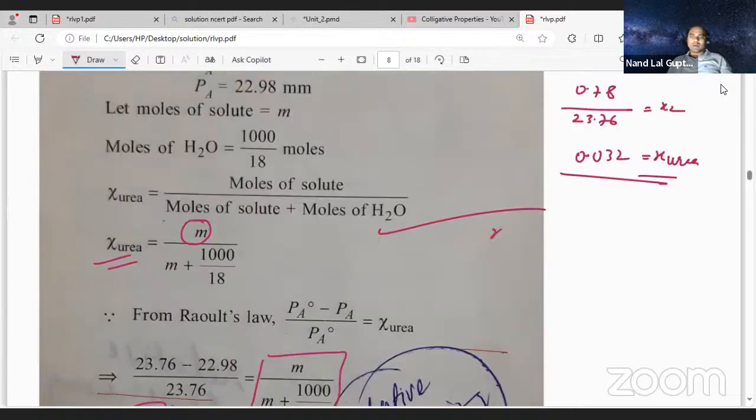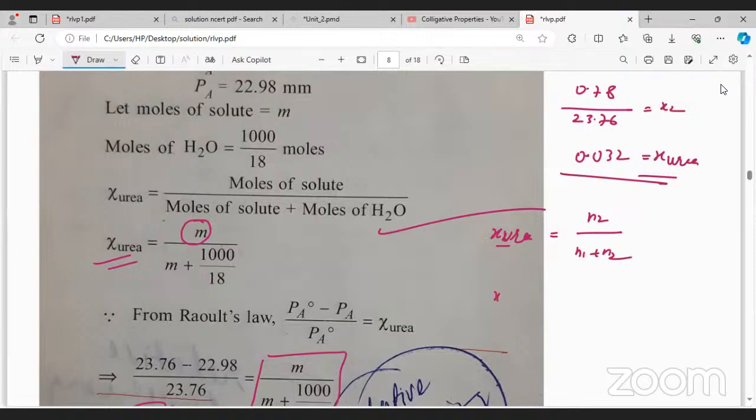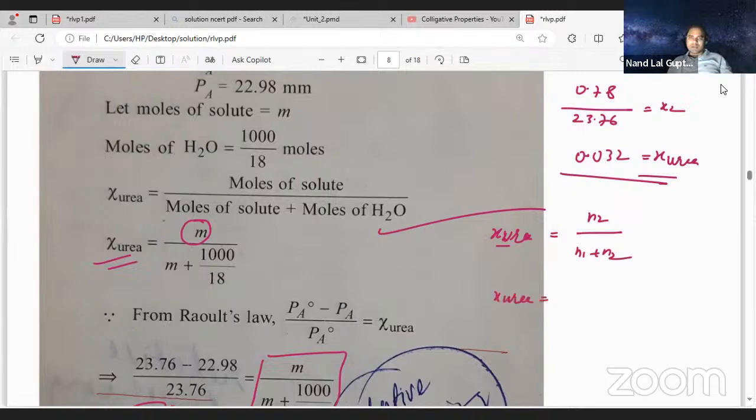So now X2, X urea, is equal to N2 divided by N1 plus N2. Yes or no? So X urea is equal to, if I consider the number of moles of solute per kg mass of the solvent, N2 as it is.